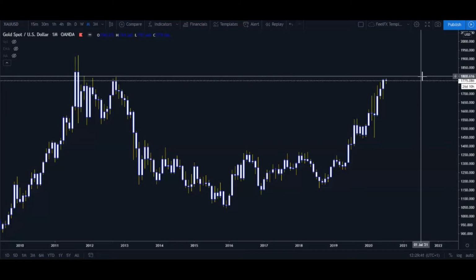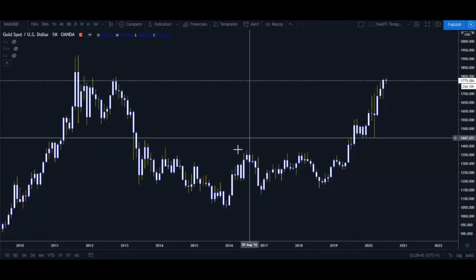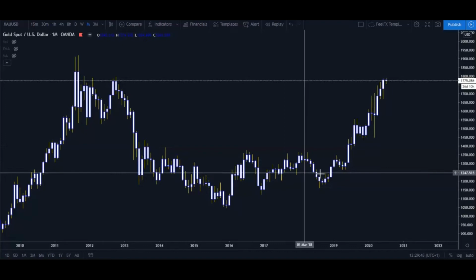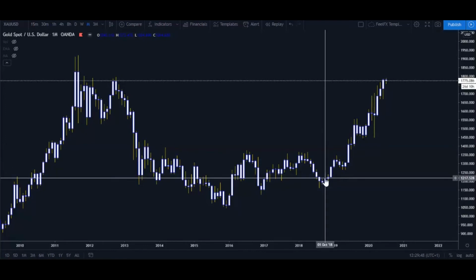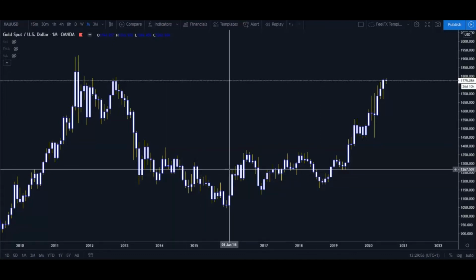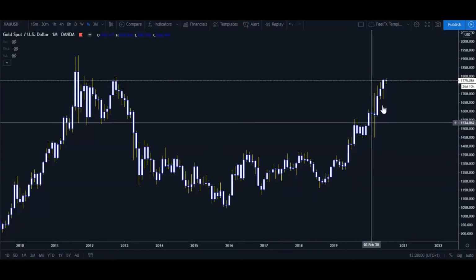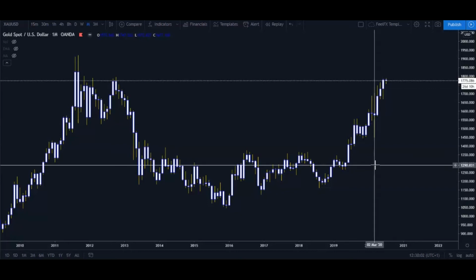Why? Because we know that, for example, the price was consolidating in this area on the monthly time frame. I'm going to put up the key levels just in a second, guys. So price was performing this consolidation, and since the US and China trade war, we've been trading higher and higher. Then we also had the coronavirus, which has influenced this commodity quite strongly.